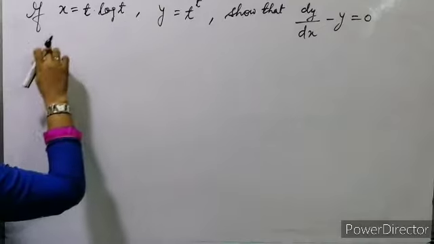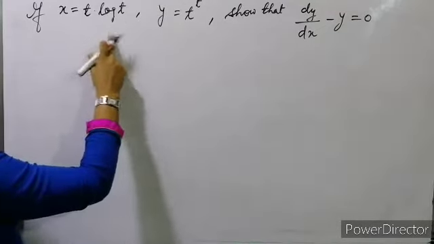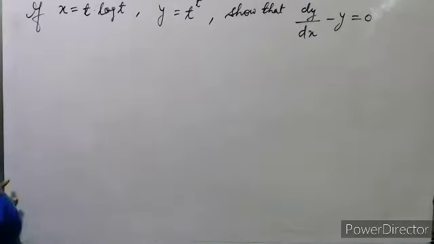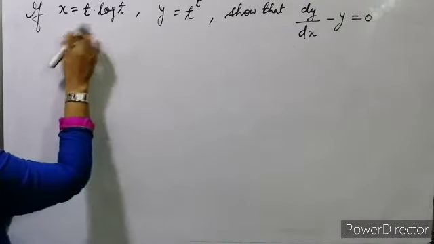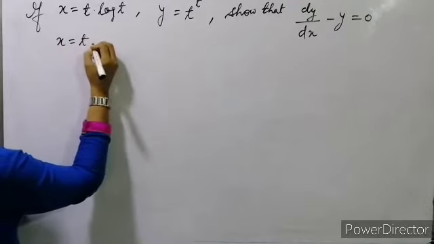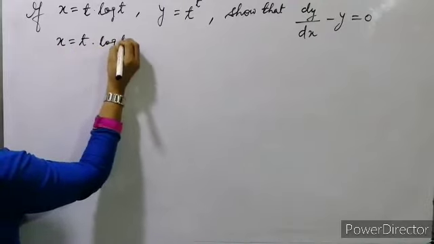Okay, we have a question. If x is a function of t and y is also a function of t, show that dy by dx minus y is equal to 0. So x is equal to t into log of t.